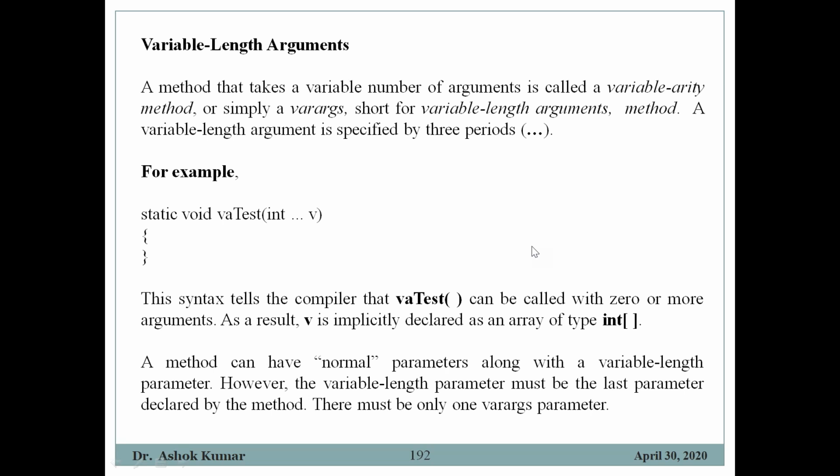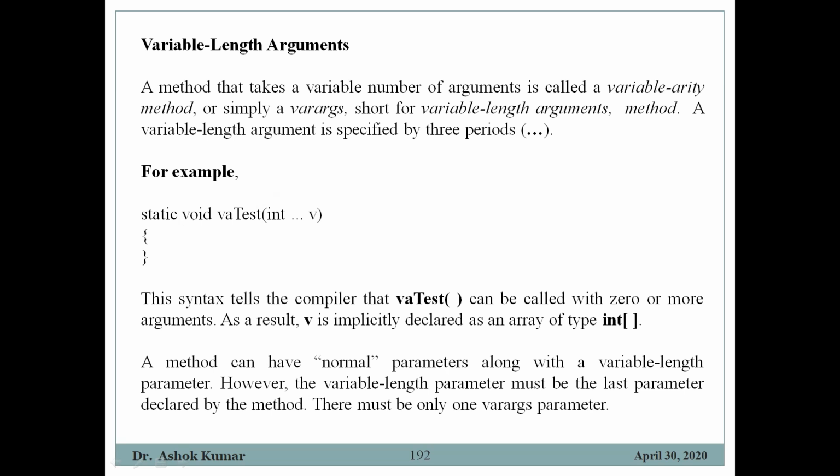So such type of method that can take variable length arguments are called variable argument method. For variable argument method implementation, you have to follow this syntax.